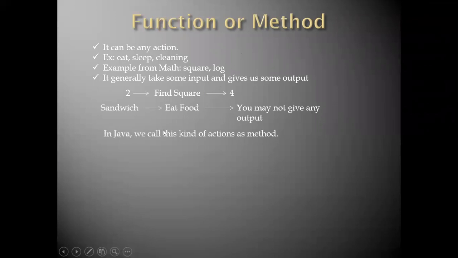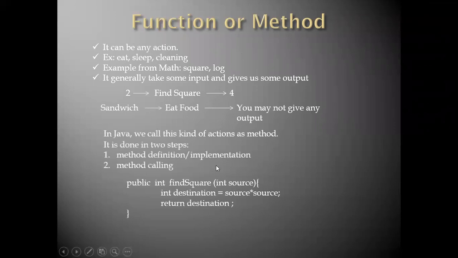In Java, we call this kind of action a method. It is done in two steps: method definition and implementation, and the next thing is method calling. First, we declare the method, we prepare the method, and the next step is we call the method. A method looks something like this: public int or void square. Now, public is an access modifier.